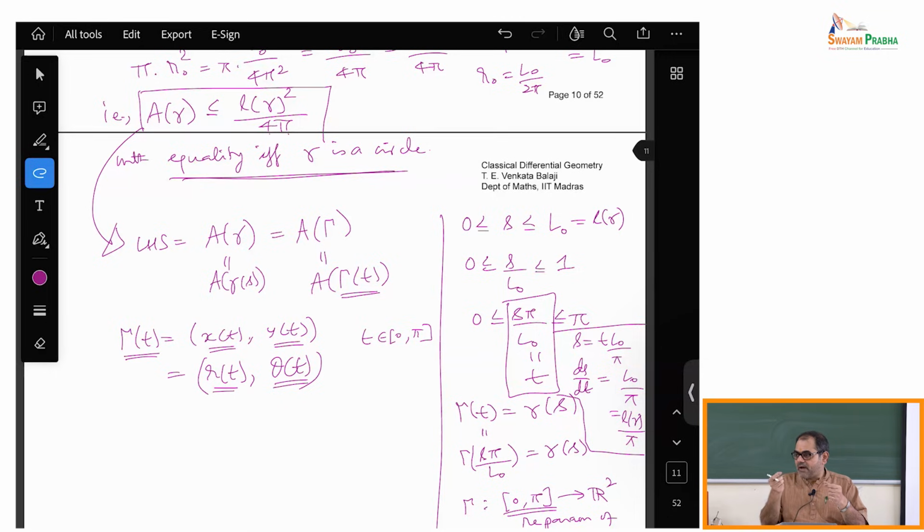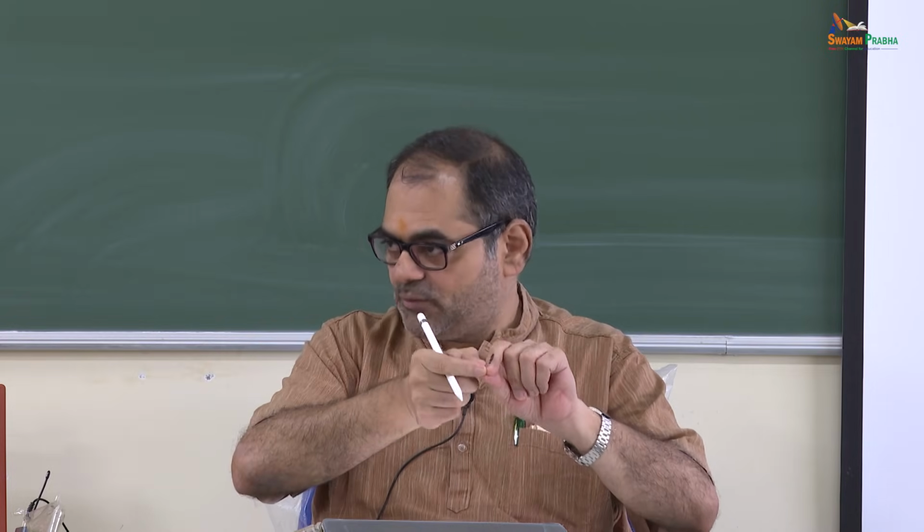I need a real valued function on 0 to pi which vanishes at the endpoints, to apply Wirtinger. I am going to choose this r of t, which is actually the distance from the origin, and put r of 0 equal to 0 and r of pi equal to 0. That means the curve starts and ends at the origin. This is always possible because I can translate the initial point of the curve to the origin and look at the new curve.